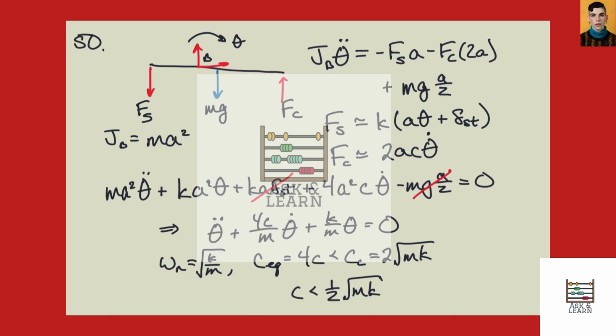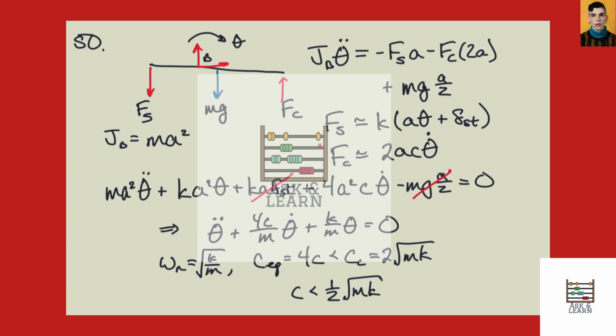And then we have a static term that's creating a moment from gravity, and it is mg a over 2, just because we know the distance from the pivot to the center of mass here is a over 2.